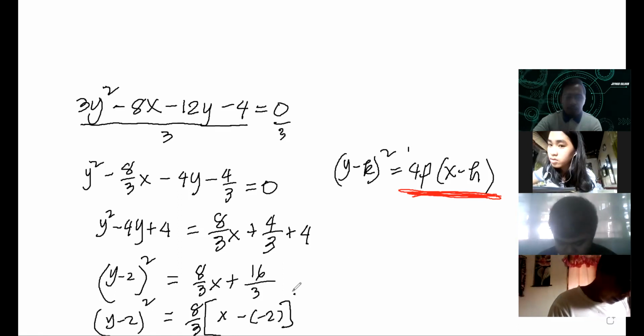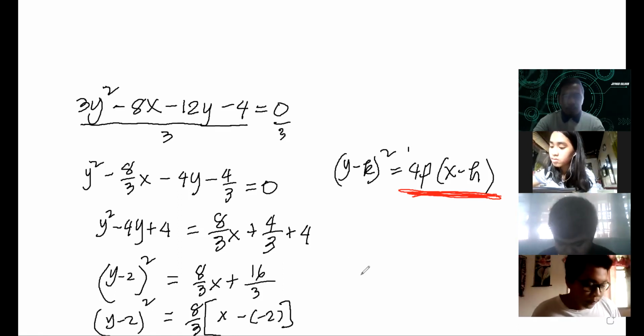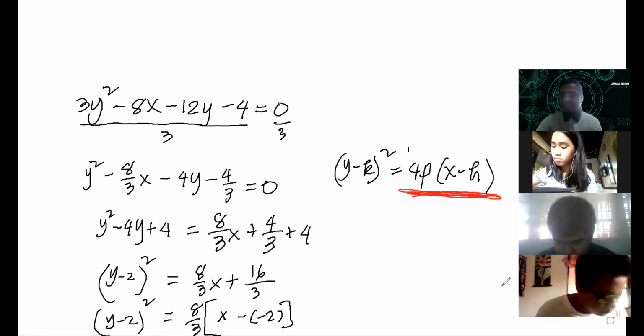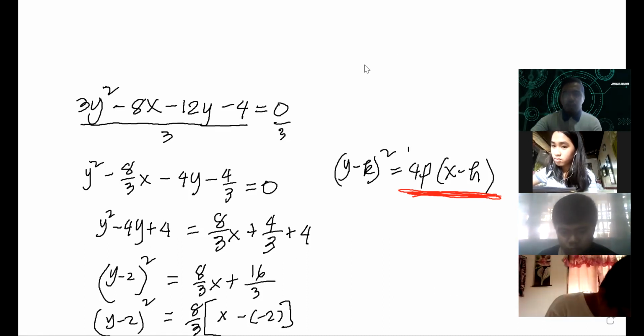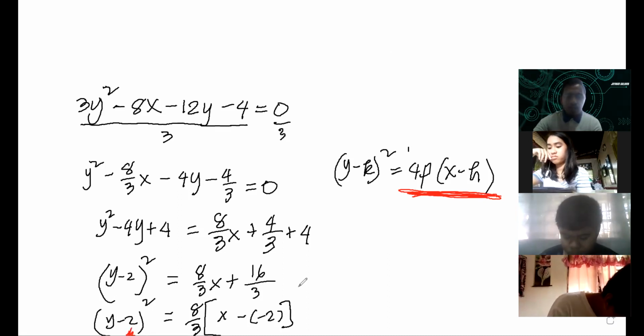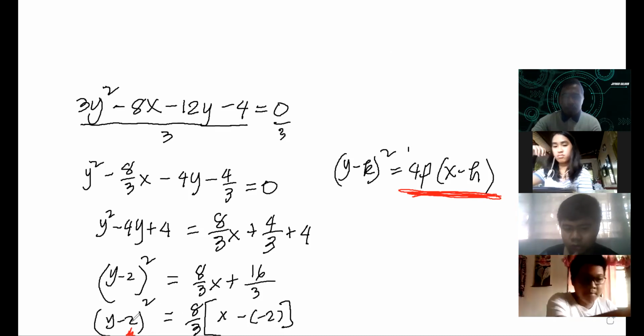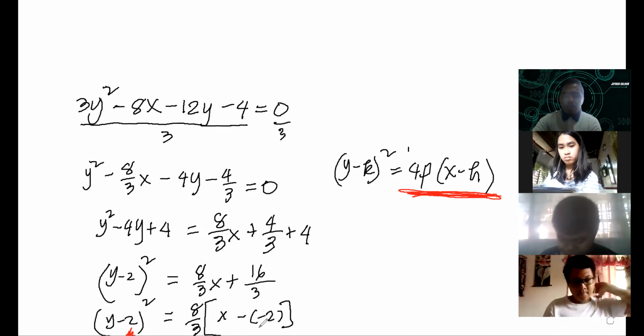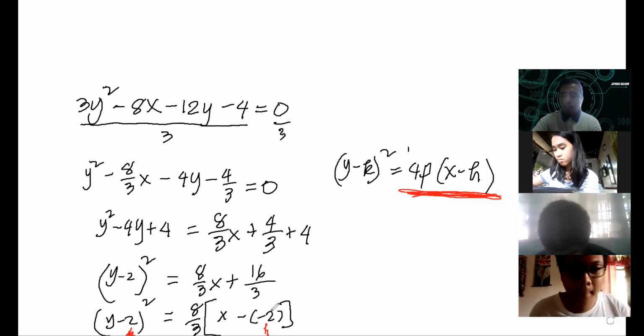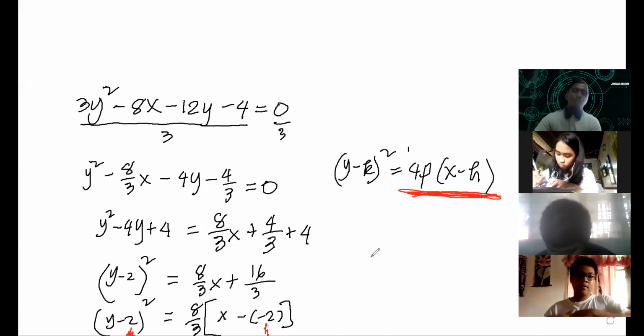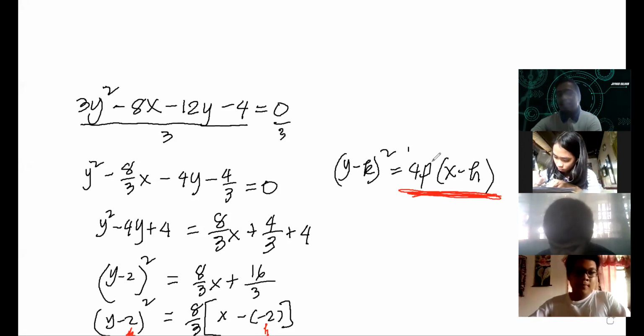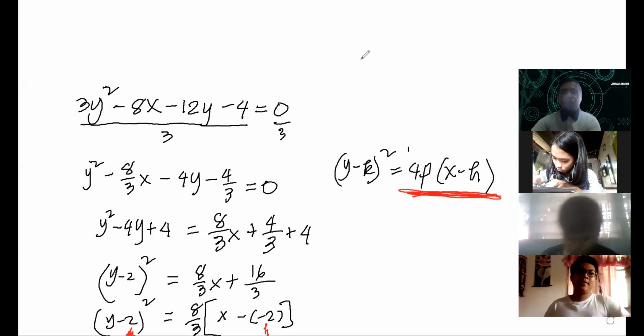So you are now certain that your k is positive 2, and your h is negative 2. Clear? Your p, ang atong problema karon. Saan man nato makuha ang p?